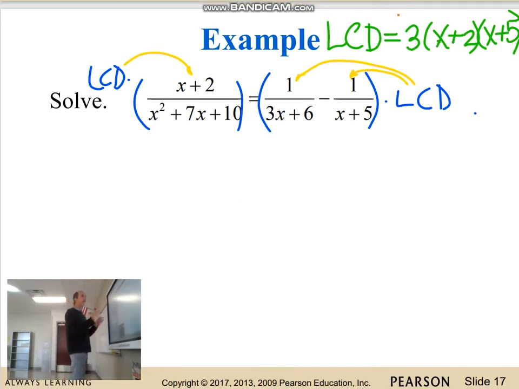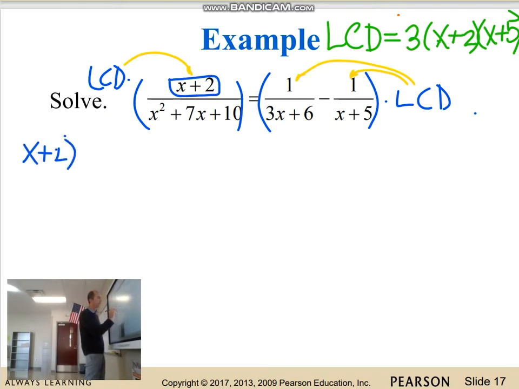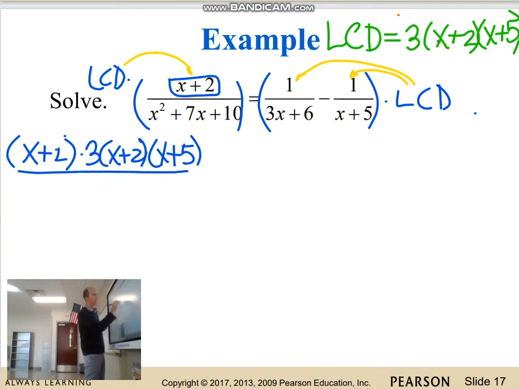Let's multiply now both sides of the equation by the least common denominator. First we have this denominator, x plus 2, times the least common denominator, 3 times x plus 2 times x plus 5 over, and we can represent this using the factors, right?